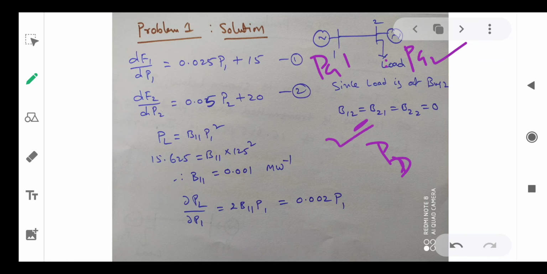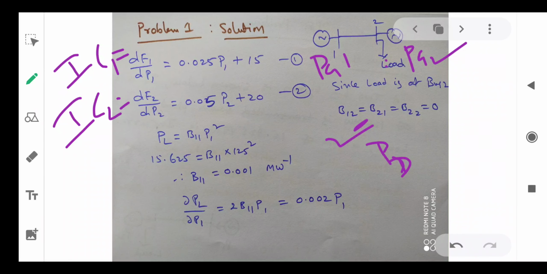IC1 equal to dF1 by dP1 equal to 0.025 P1 plus 15. Similarly IC2 equal to dF2 by dP2 equal to 0.05 P2 plus 20.